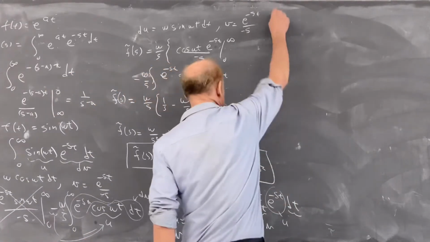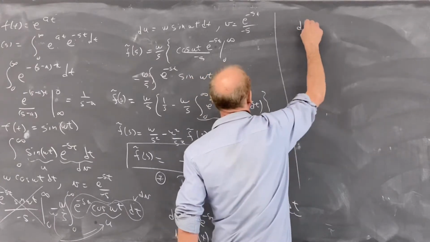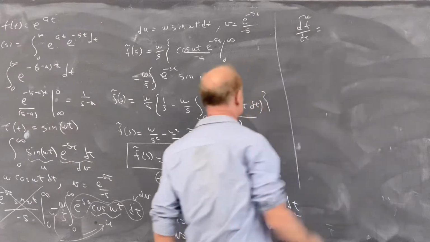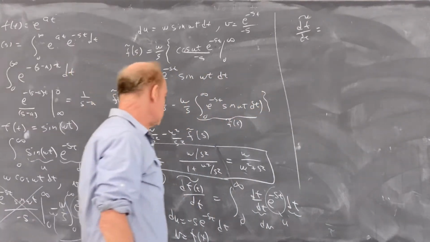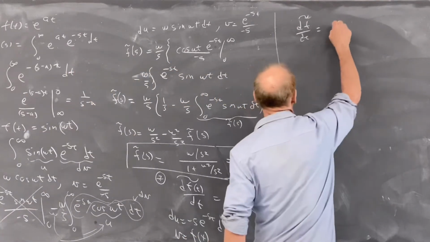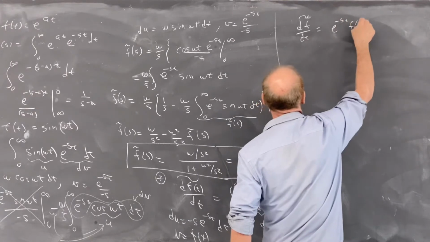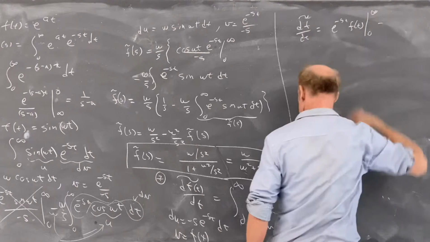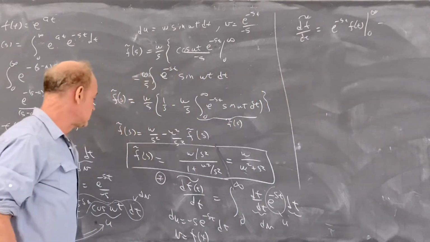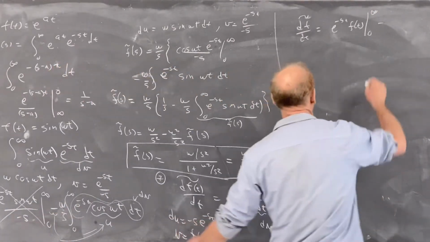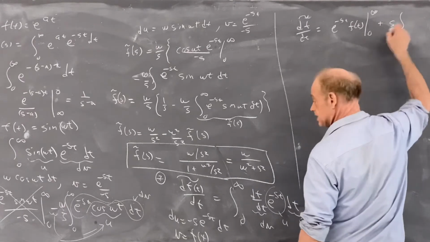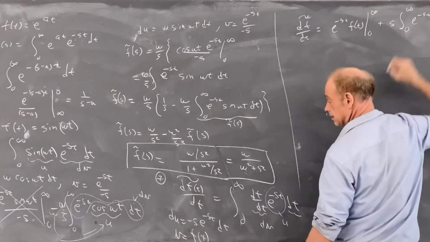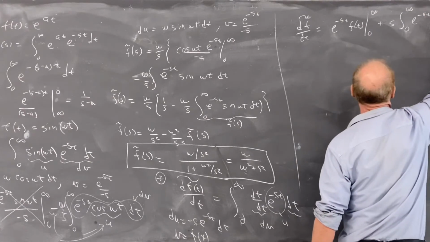So the Laplace transform of df/dt is equal to uv, that's e to the minus st times f of t, from 0 to infinity, minus the integral of v du, which is now plus s times the integral from 0 to infinity of e to the minus st f of t dt.